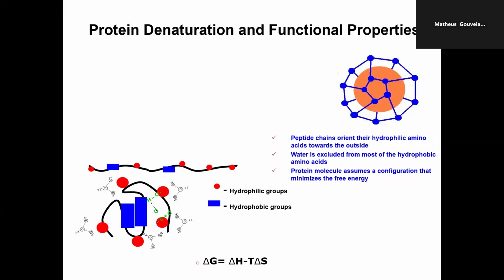So what I'm showing here is, again, we talked about the impact of hydrophobic groups in the formation of the protein structure. Just as a reminder, the hydrophobic residues tend to associate with each other, and the water is pulled to the outside.